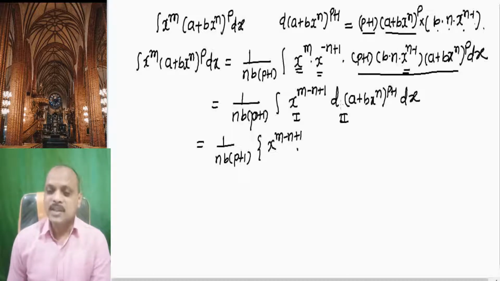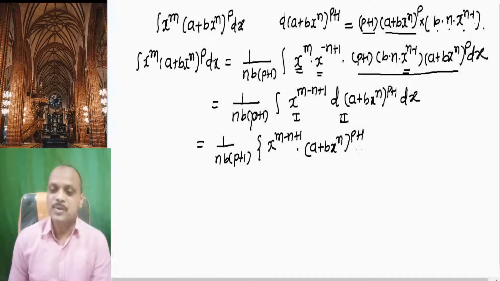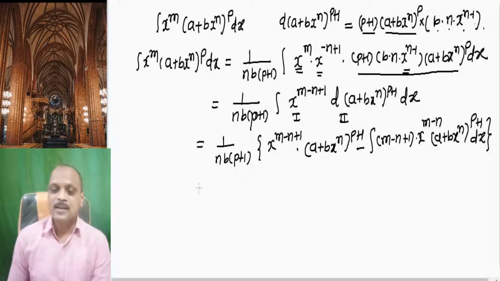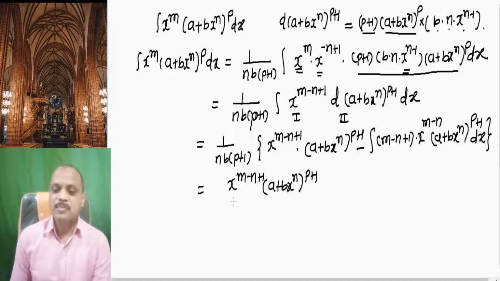While taking an integration, derivative and integration will be cancelled, and we have (a plus b x raised to n) whole raised to p plus 1, minus the integration of the derivative of the first, (m minus n plus 1) into x raised to m minus n, into the integration of the second, (a plus b x raised to n) whole raised to p plus 1 into dx, equal to x raised to m minus n plus 1 into (a plus b x raised to n) whole raised to p plus 1 divided by n into b into (p plus 1).